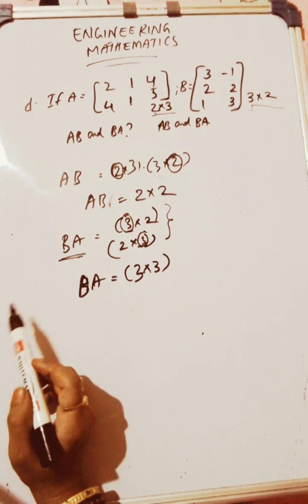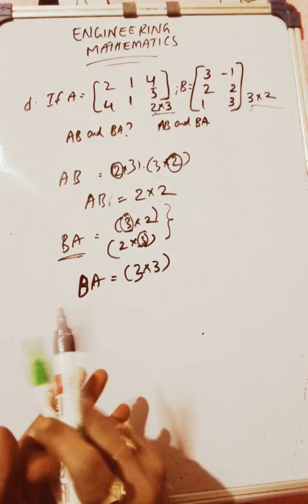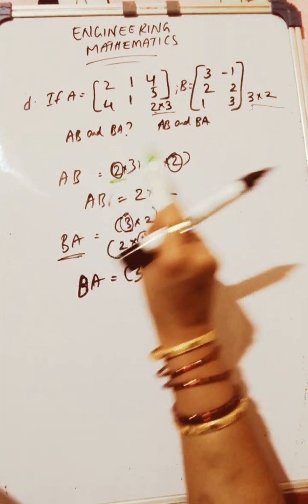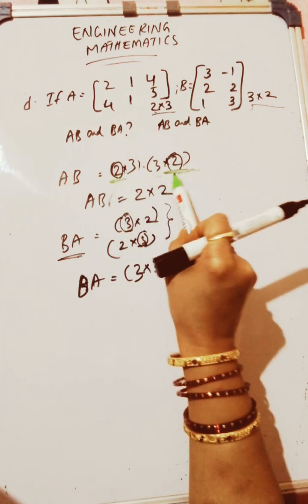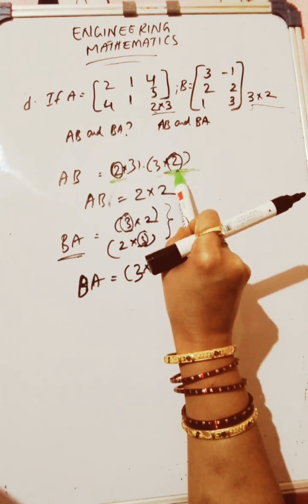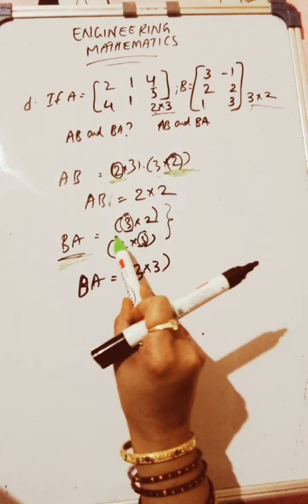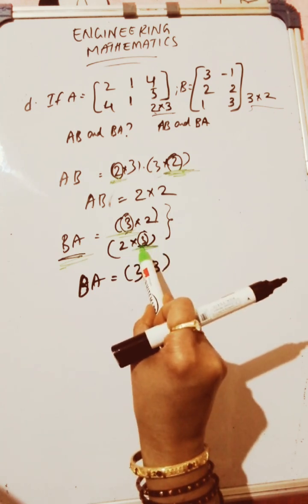Once again I am saying, multiplication is possible when the number of columns of the first matrix is equal to the number of rows of the second matrix.